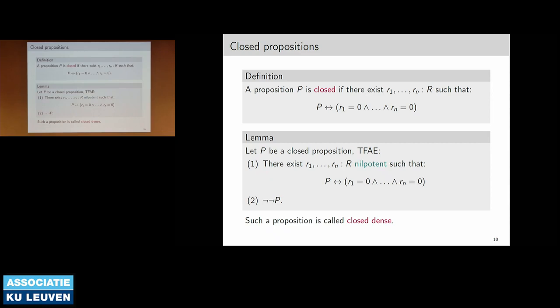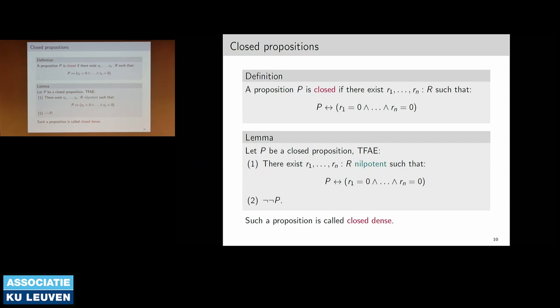So there is a lemma that is not difficult, which says that given a closed proposition, the following are equivalent. On one hand, the closed proposition actually asserts the cancelling of a finite number of nilpotent elements in the ring. So here the nilpotent is the new part, which was not here.